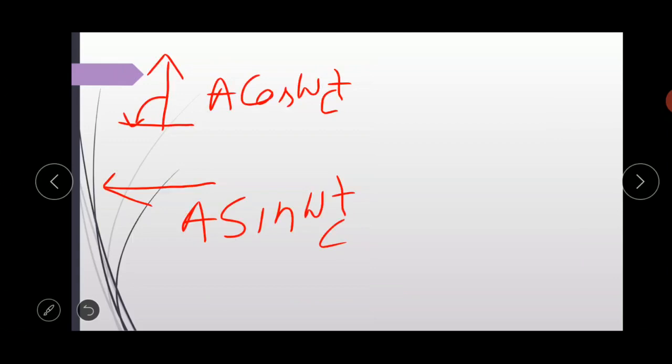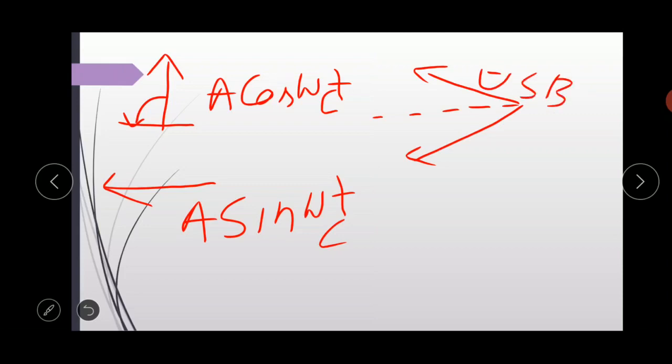The phasor diagram of that signal can be represented like this. This one is the USB, this one is the LSB, and this dotted line is the resultant.